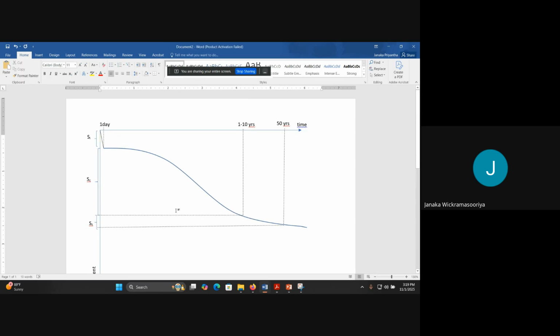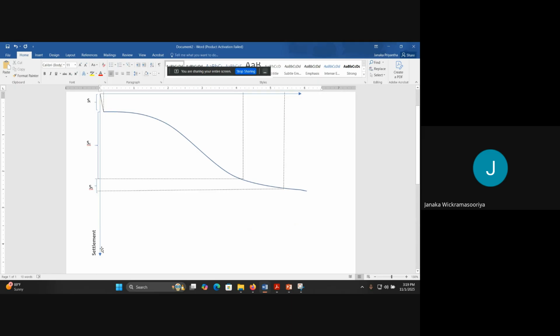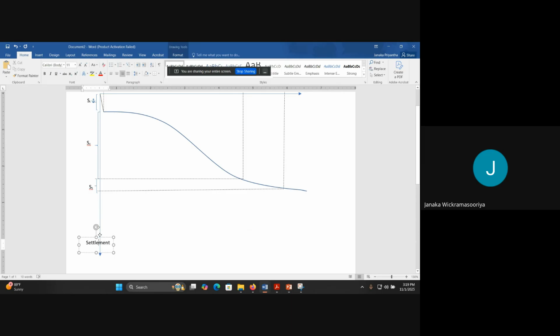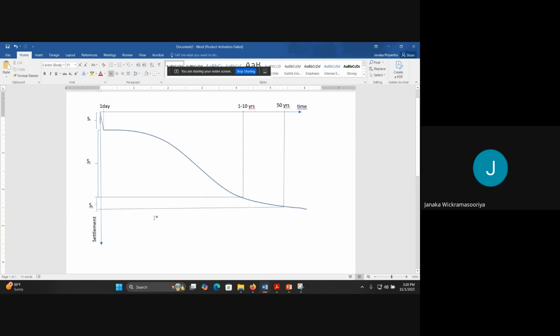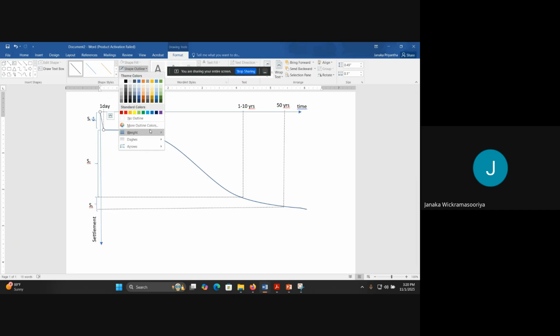So this is what is happening with time. So you can draw this one. This is the shape of the settlement curve.